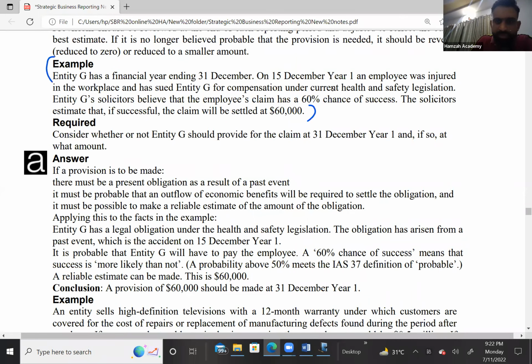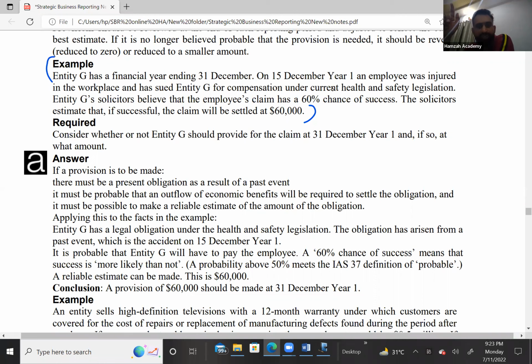Now, read this example. So it is a single outcome. There is a 60% chance that the employee will win the case and you have to pay the compensation.